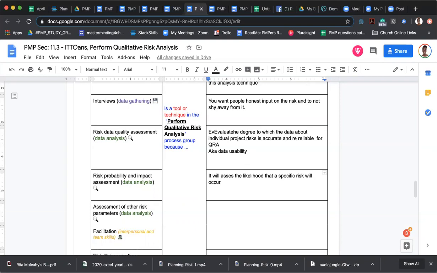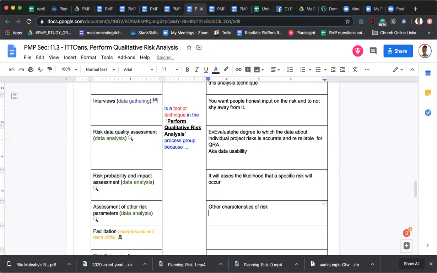And then assessment of other risk parameters. The project team may consider other characteristics of risk in addition to probability and impact when prioritizing individual project risk for further analysis and action. These characteristics may include but are not limited to urgency. This is a lot.